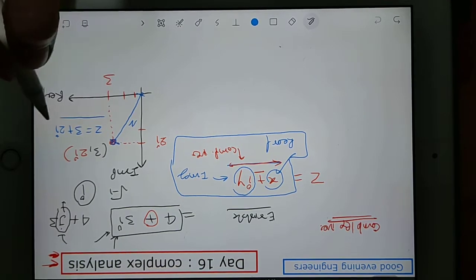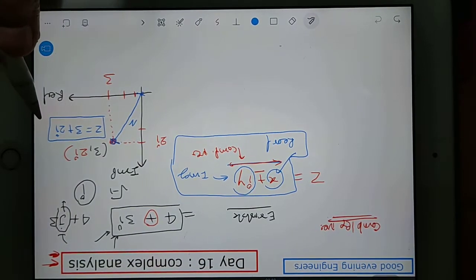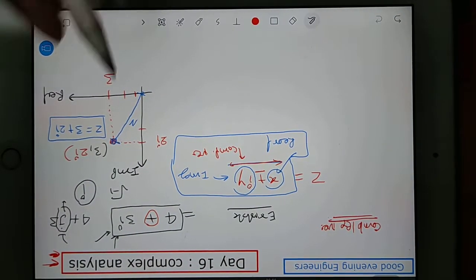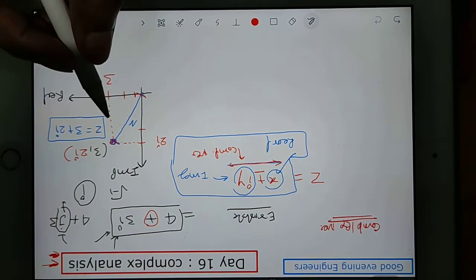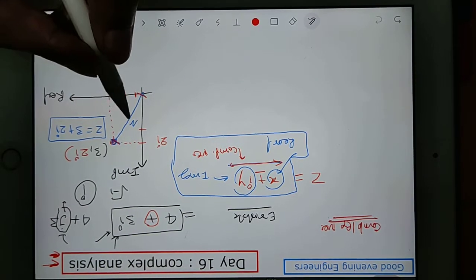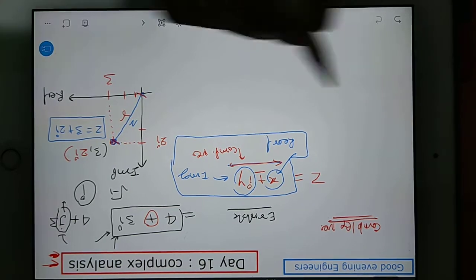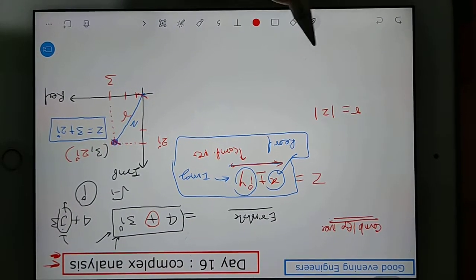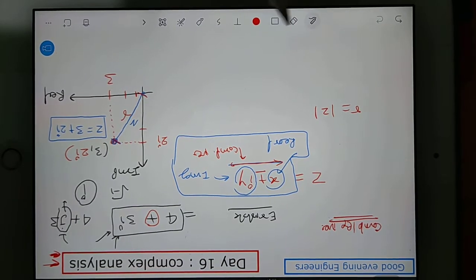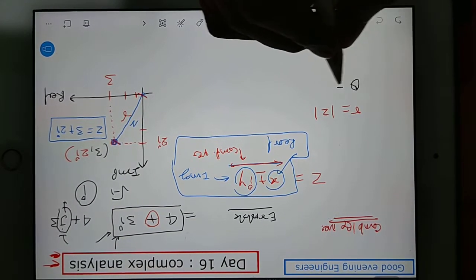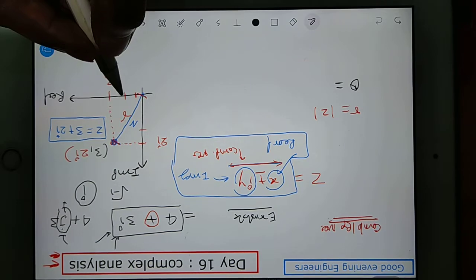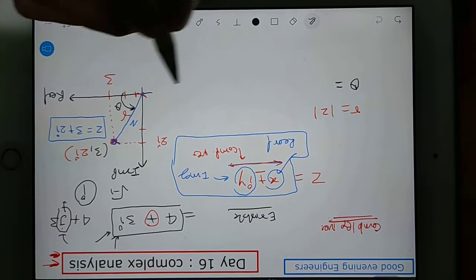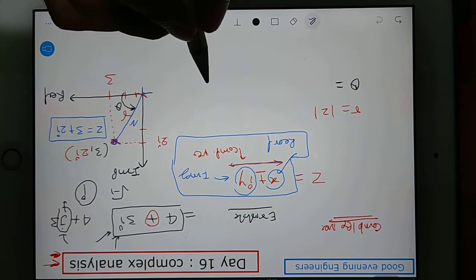In this z you have two things to bother about. One is the length of this number, which you call r, and r is nothing but mod of z, or the modulus of z. Another thing is theta, the angle.